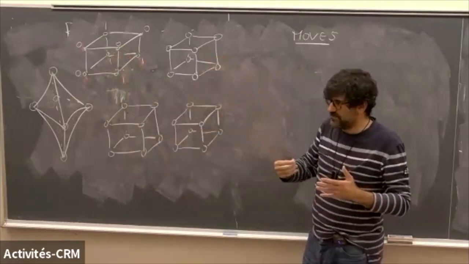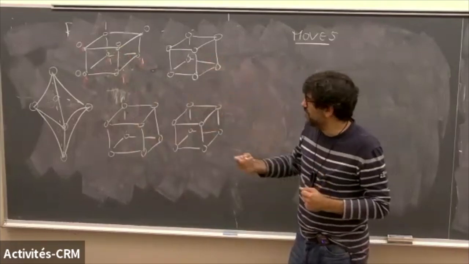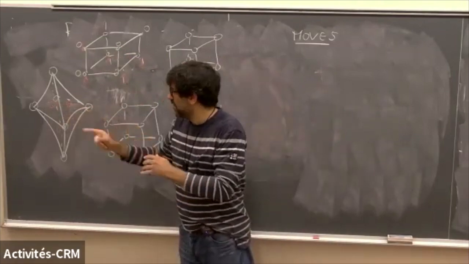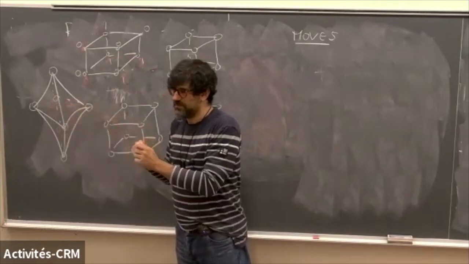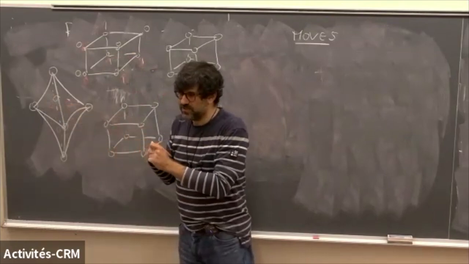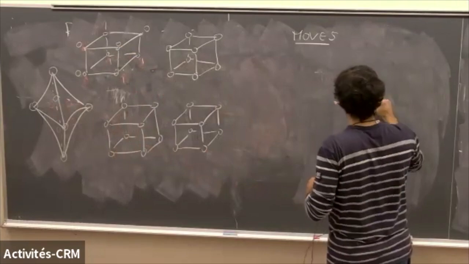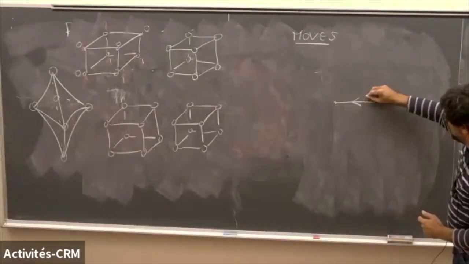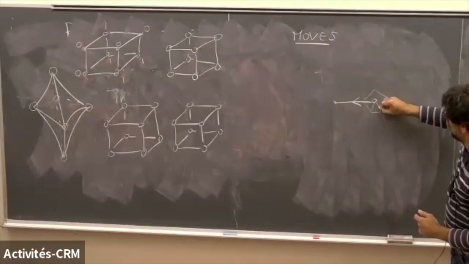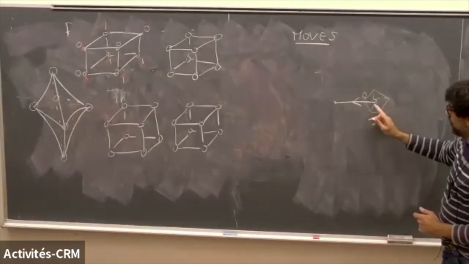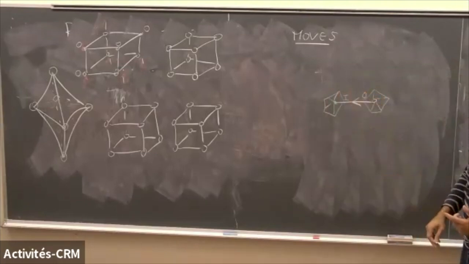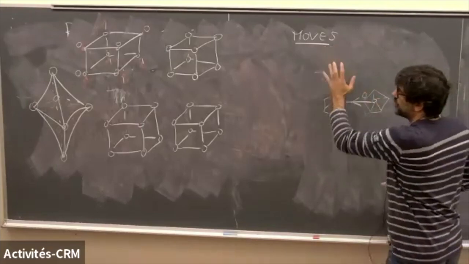Of course, something is needed. For instance, whenever you cross a face here, if it was O, it must become I, because you have an edge. Whenever you have an edge going from one vertex to the other, if you look at the link here, this edge is marked with an O. And if you go to this other link, the same edge should be marked with an I necessarily, otherwise it doesn't make sense. So for instance, here as a move, you can take this one.